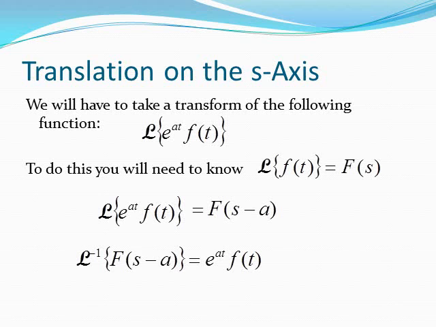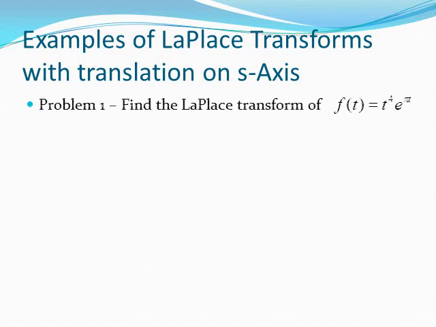So let's do an example to show you what a translation is. We're going to look at problem 1. Here's our function, t to the 4th power times e to the pi t. That fits the Laplace transform of a translation on the s-axis. And so we have to find f of s.